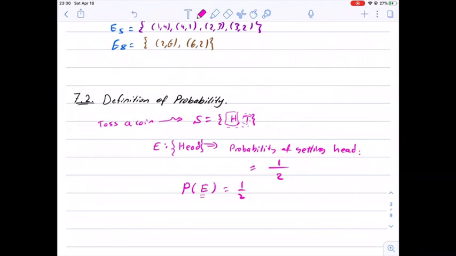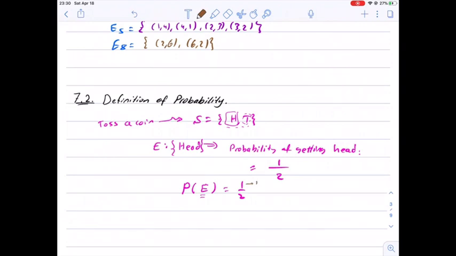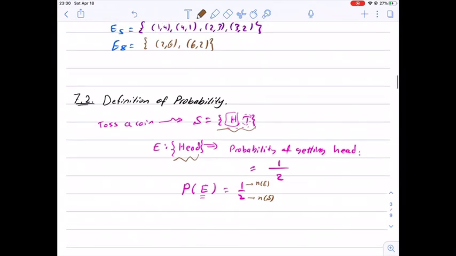Probability of getting head is 1/2. So what does 1 represent? 1 represents the number of elements of the event, just one element, over the number of elements of the sample space. We have 2 elements.